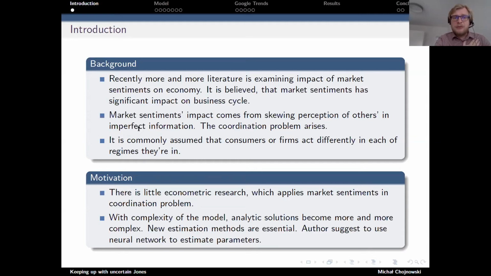To get more into the details, the market sentiments work as information which skews the perception of the customers. So in this framework, the customers or the firms or the banks face a coordination problem.